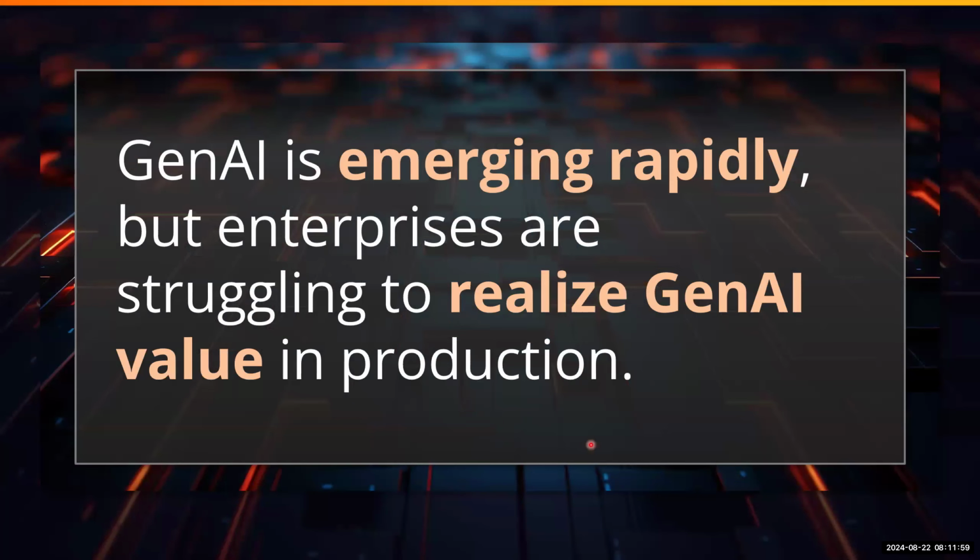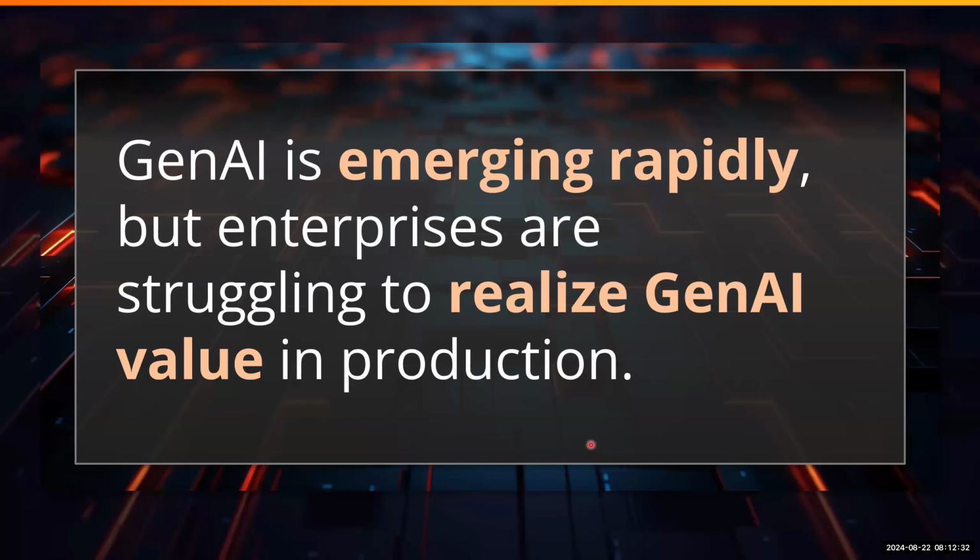We want to have a look at the problem statement for enterprises today in terms of a Gen AI solution. Since ChatGPT launched into the market about 2 years ago, enterprises started building Gen AI solutions to increase their productivity. Nevertheless, a Gen AI solution is a very complex, compounded AI system. It's not that straightforward, and enterprises need to think about a lot of things when they build one.